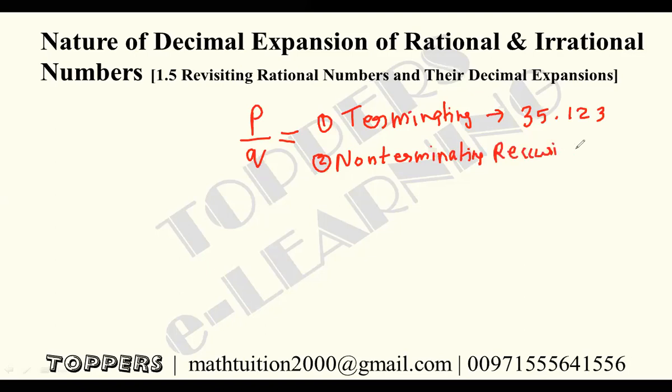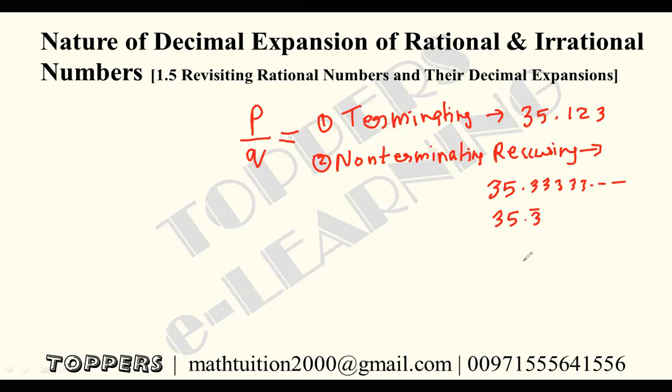Maybe if you write 3.5, then some digits or two digits are repeating, 3, 3, 3, 3, 3, etc. Goes on. This also can be written as 3.5 with a bar. Under the bar, which number we are giving? It is repeating continuously.